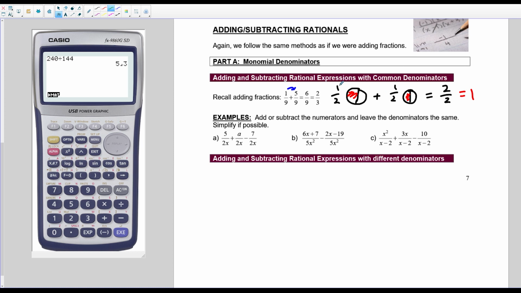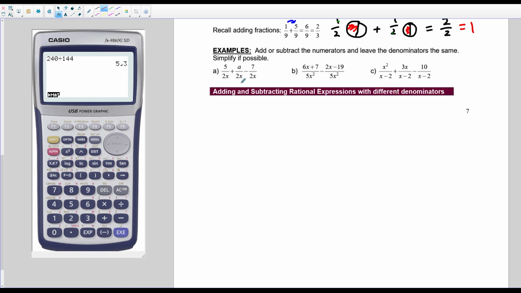It really wouldn't make a lot of sense if I added 1 plus 1 together to give me 2, and 2 plus 2 together to give me 4. If I take 1/2 plus 1/2, that doesn't give me 2/4. 2/4 again is the same thing as 1/2. I don't have the exact same answer. So 1/2 plus 1/2 has to equal 2/2, which is the same thing as 1. So I can't actually add the denominators together.